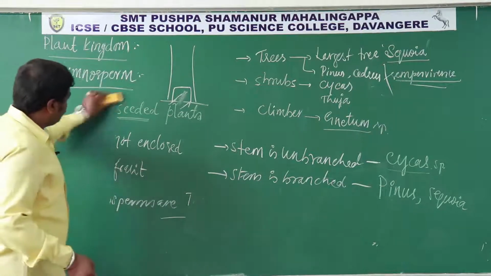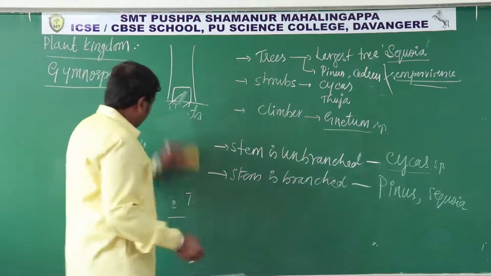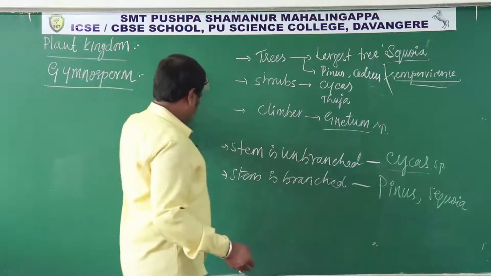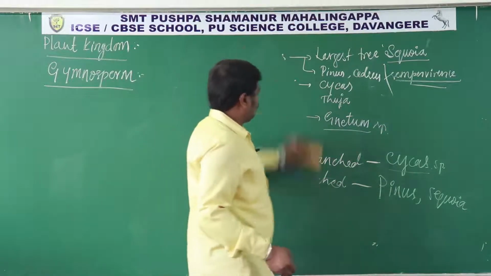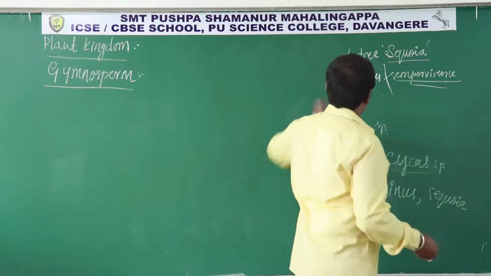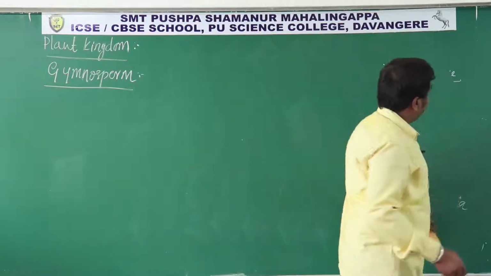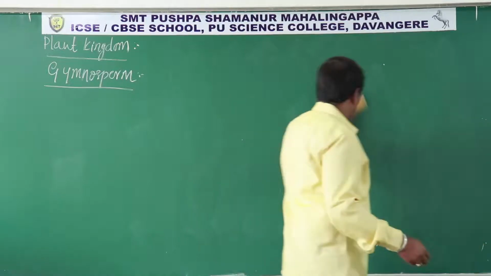Then these gymnosperms, with respect to their roots, also show some special characters. So the roots also have a special character. Okay, so let's see what is the speciality of that root.